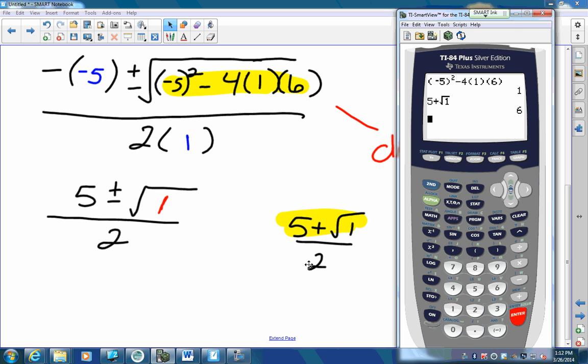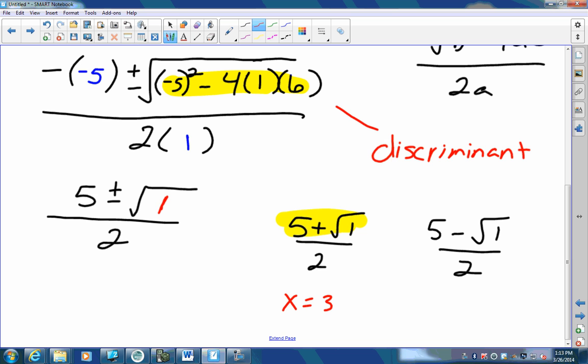Now, the last part of this says what? Divide by 2, right? The square root button is second and the x squared button. Now I'm going to press divide by 2 and press enter. That's my answer. It crosses at x equals 3, at 3, 0.